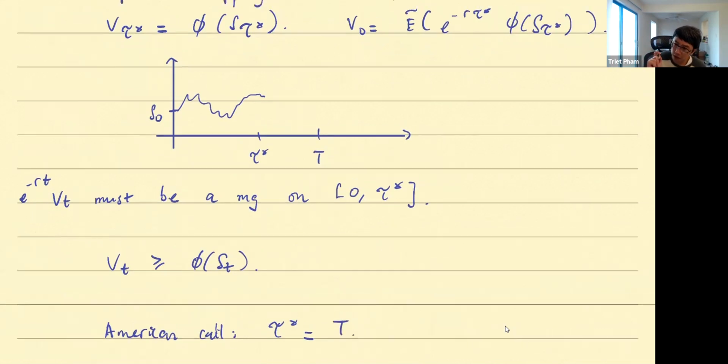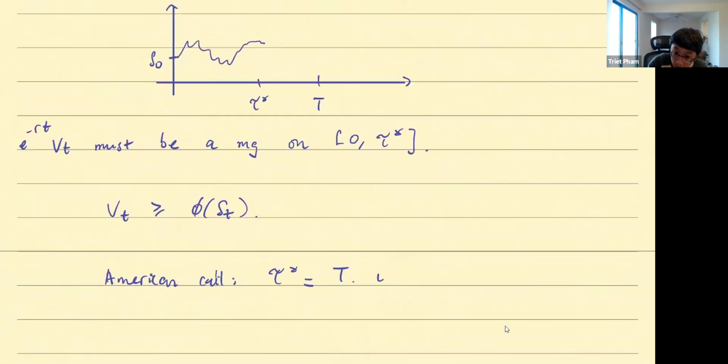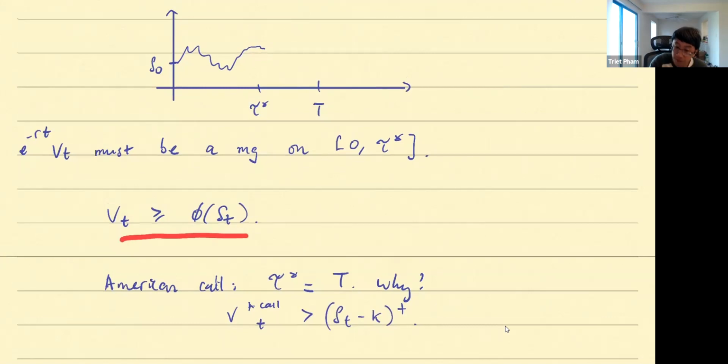So can you guess what tau star is? And by the way, why is this the case? I'll give you a big hint here, I hope. Because V, the American call at any time t, will always be bigger than St minus K plus, what we just talked about.